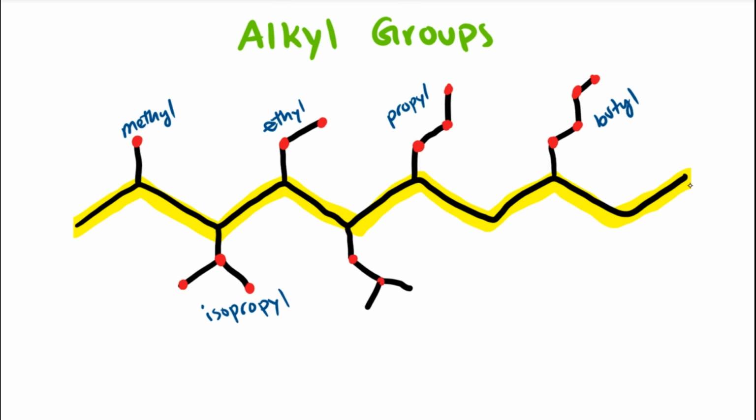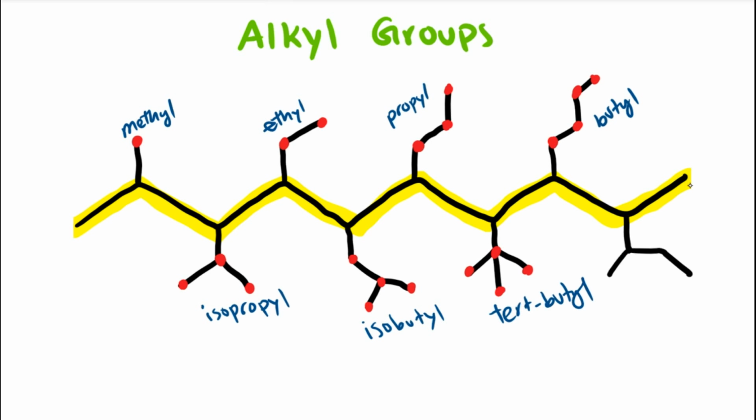When you have 4 carbons attached to your main carbon chain, but in this shape where it splits off at the end, it is called isobutyl. 4 carbons in this shape is called tert-butyl. 4 carbons in this shape is called sec-butyl.